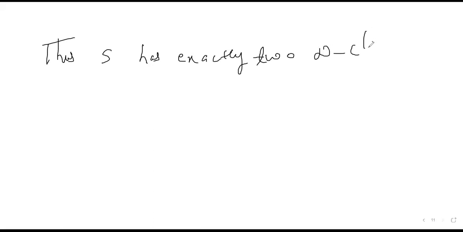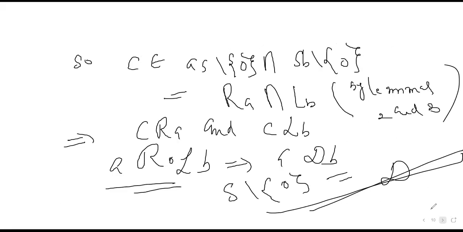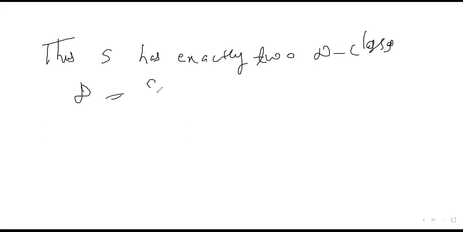So thus S has exactly 2 D classes. Since अभी हमने शो किया D इक्वल टू S माइनस 0 है, सो अगर D आपका S माइनस 0 है और S में प्रिमिटिव आइडम्पोटेंट है, इसका मतलब D में भी एक प्रिमिटिव आइडम्पोटेंट है.